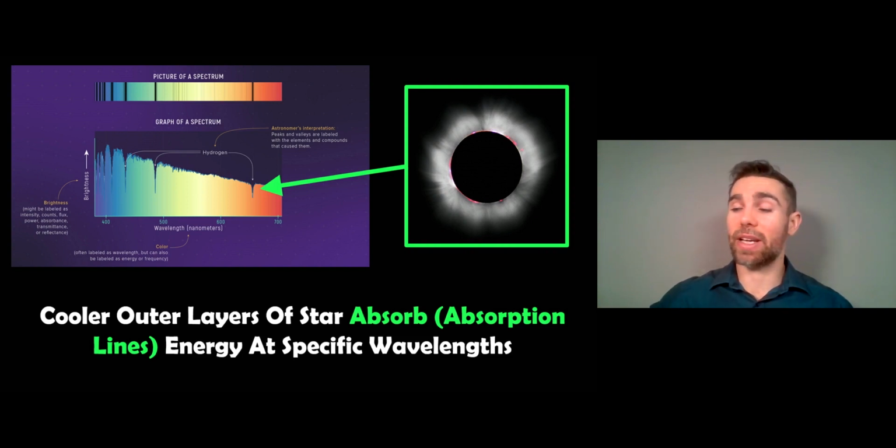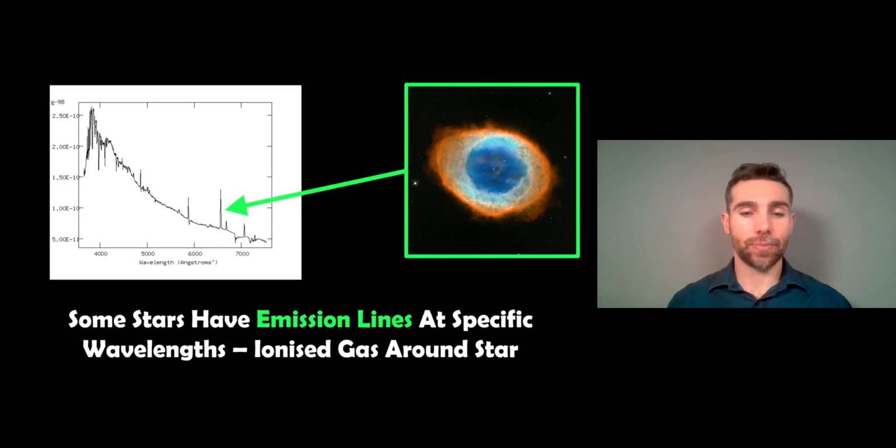That energy then has to make its way out to then be emitted as light. That means the outer layers are going to be cooler, and they can absorb some energy at specific frequencies or wavelengths which relate to hydrogen. And most stars will have these features of hydrogen because of their outer layers, really, which are cooler and absorbing at that particular wavelength.